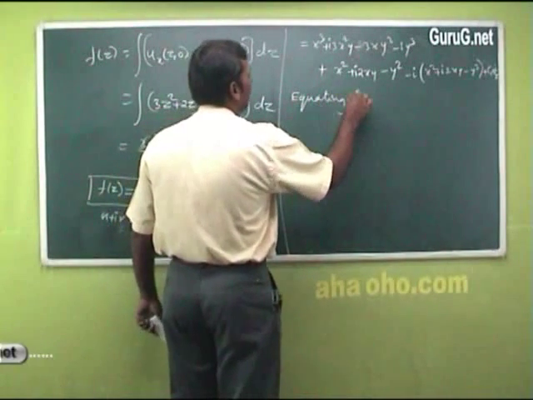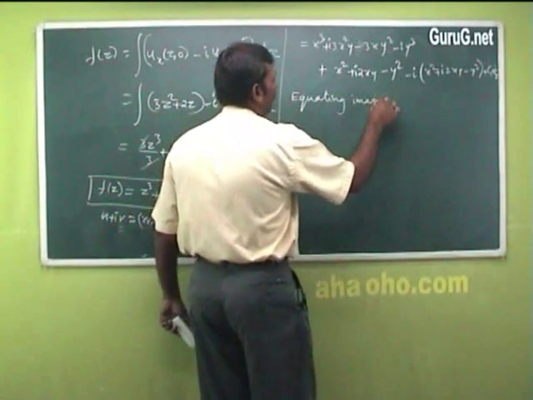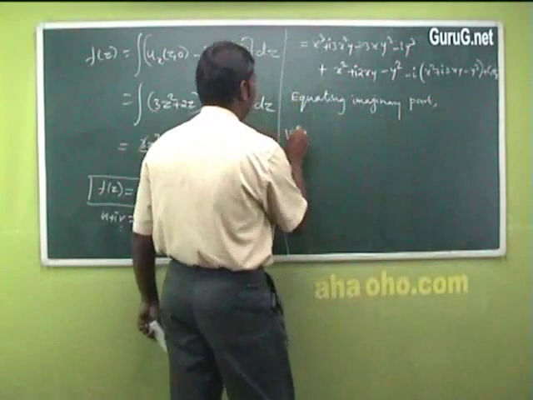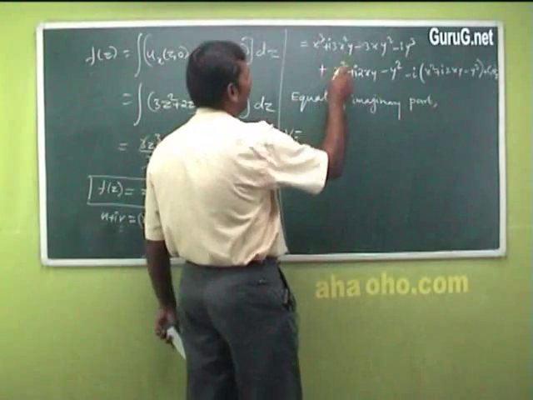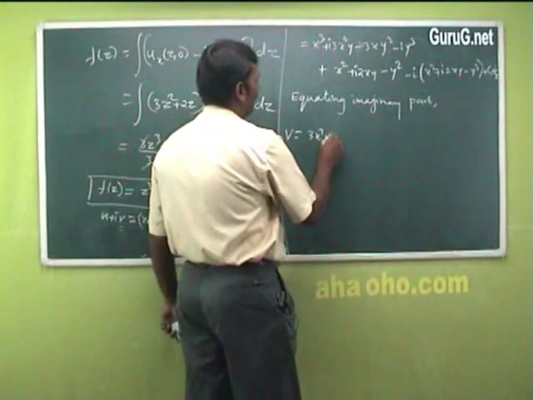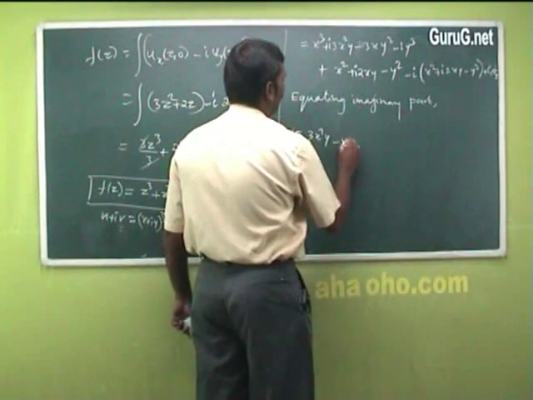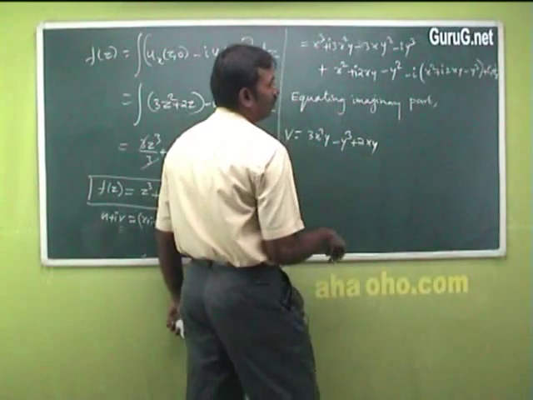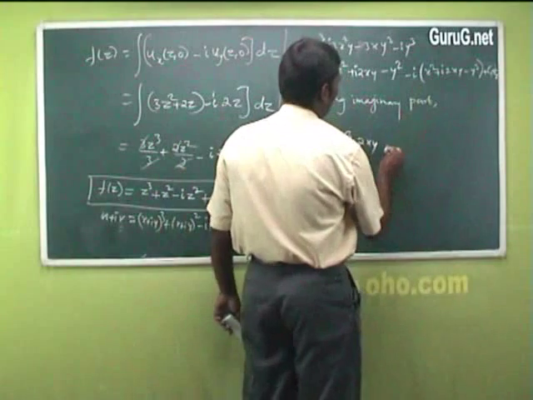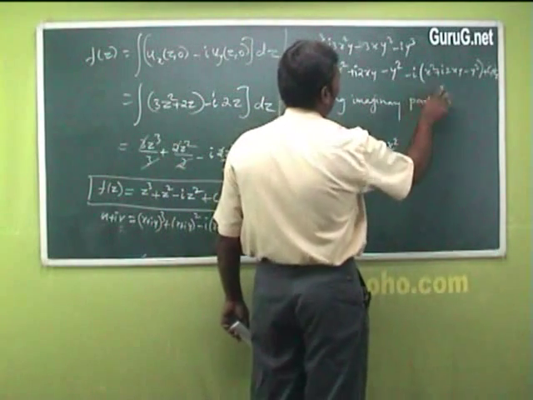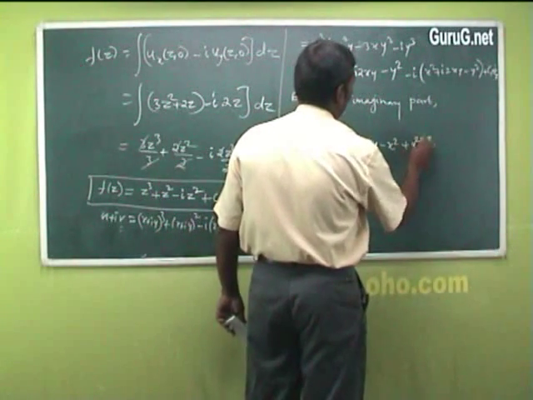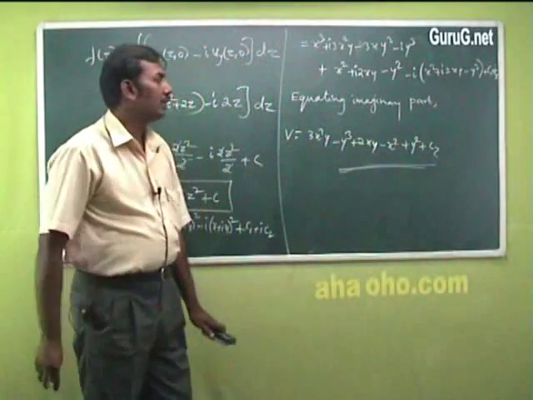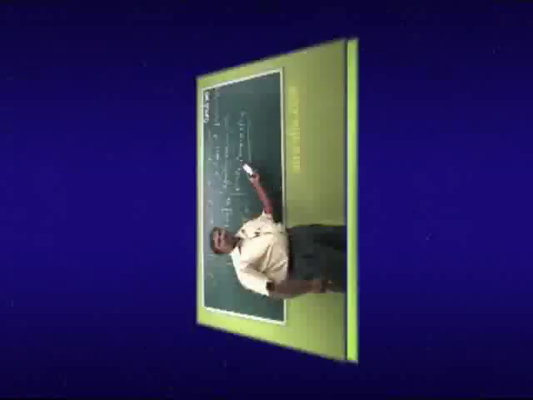So equating imaginary part, v equals 3x squared y minus y cube plus 2xy minus x squared plus y squared plus c2, which is the conjugate harmonic function.